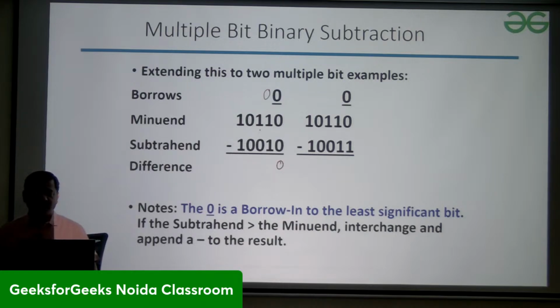Now 1 subtracted 1. Result is 0. Again there is no borrow. 1 minus 0 is going to be 1. 0 minus 0 is 0 because there is further no borrow. 1 minus 1 is going to be 0. So this is the subtracted result, or you can say the difference between the minuend and the subtrahend.